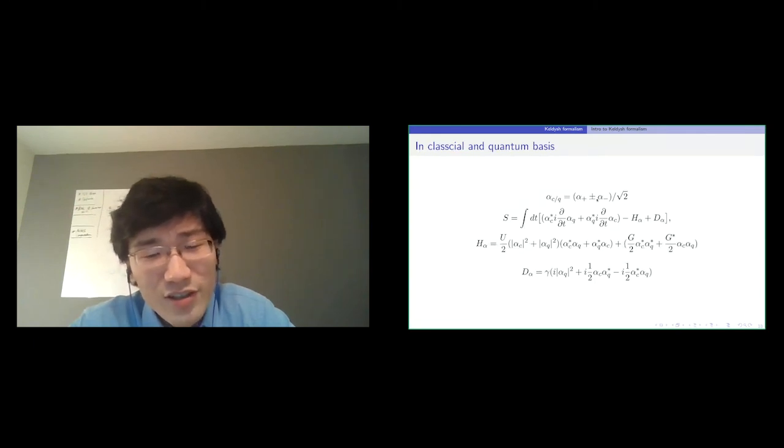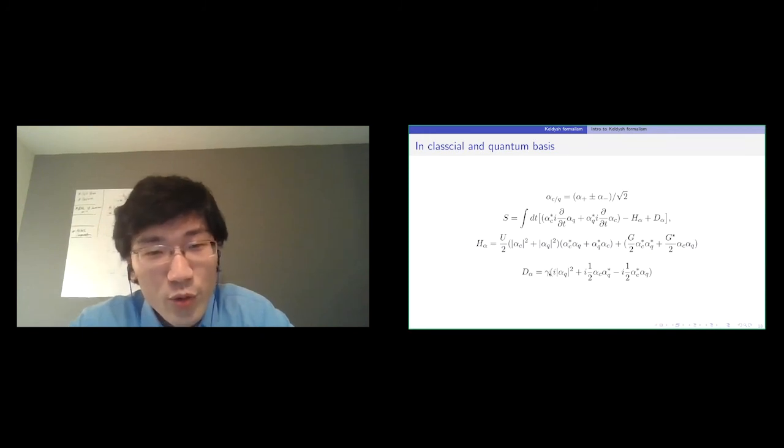Basically, that's like the diagonal elements of the density matrix, whereas alpha quantum is the difference between alpha plus and alpha minus, which is like the off-diagonal elements. Then in this new basis the action looks like this, similar to the one in the original basis. Here in our model, the Hamiltonian looks like this. This is the driving. It's quadratic, but we have the Kerr nonlinearity that's not quadratic. It's quartic.